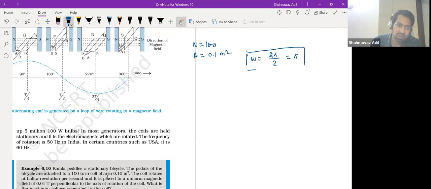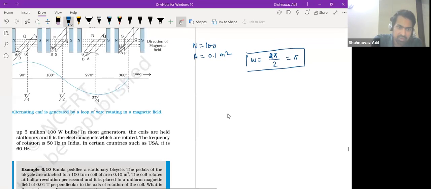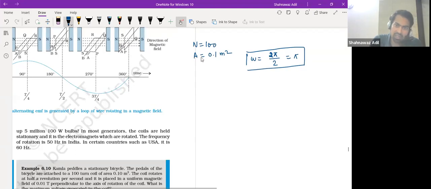One revolution is 2 pi angular distance, half revolution is pi, and per second, so time. And the magnetic field is 0.01 Tesla.